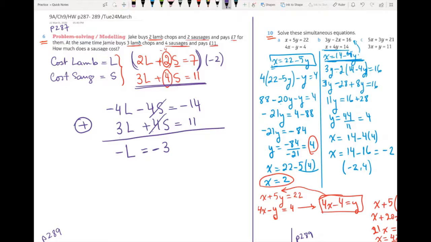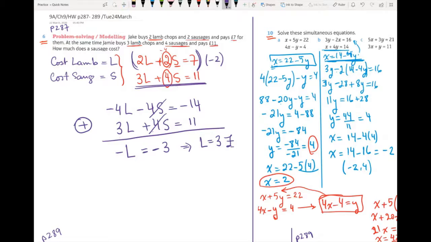I don't want the value of minus L, I want the value of L. Therefore, I multiply by minus 1. So L is equal to £3. Remember that L is the representation of the cost of 1 lamb chop. Now we need to find the cost of the sausage.